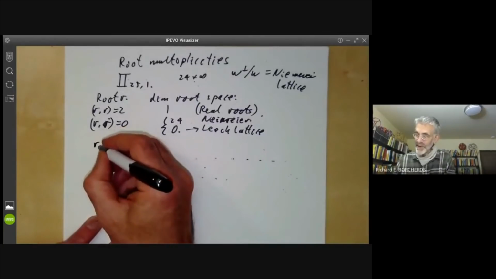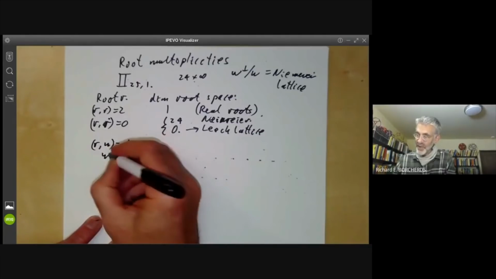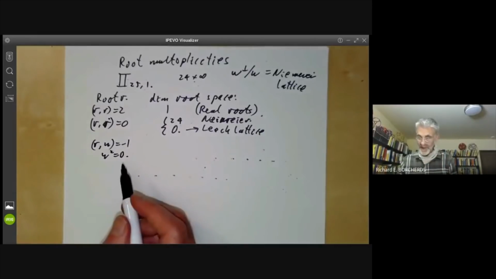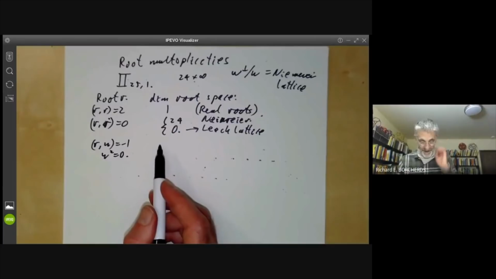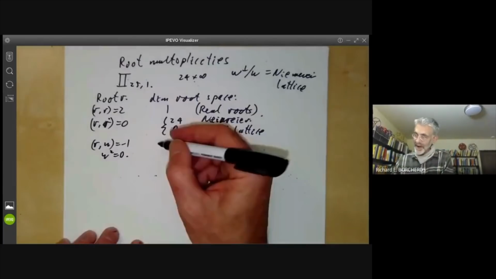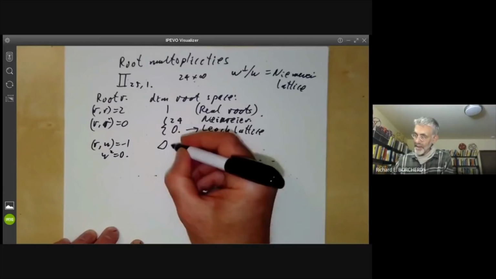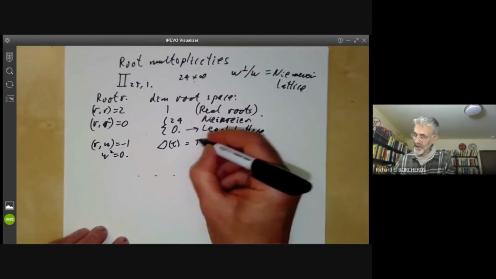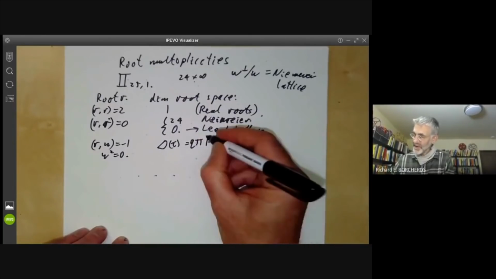Next, you can look at roots such that (r, omega) equals -1 for a norm 0 root. And these also turn out to be reasonably easy to calculate using the theory of affine Kac-Moody algebras. And the result is as follows. Suppose you take Ramanujan's tau function, which is q times the product of (1 - q^n) to the 24.